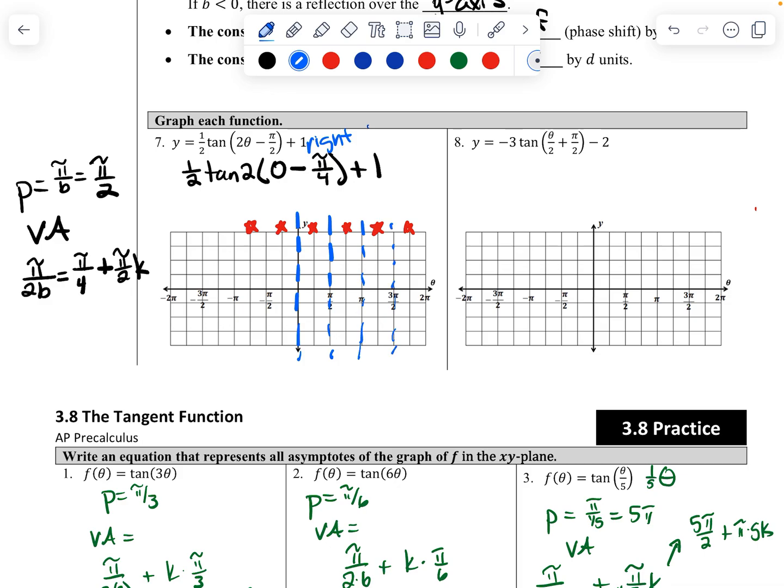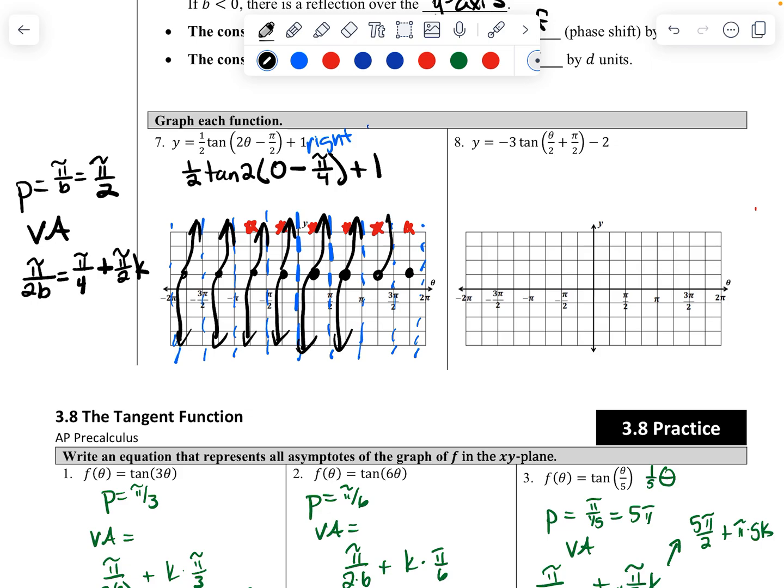And so we can see now every other one, we're going to have this mark. And then how can we find the curve? Well, it usually crosses at 0, but now it's going to cross at 1. And then it shoots up and shoots down, shoots up and shoots down.